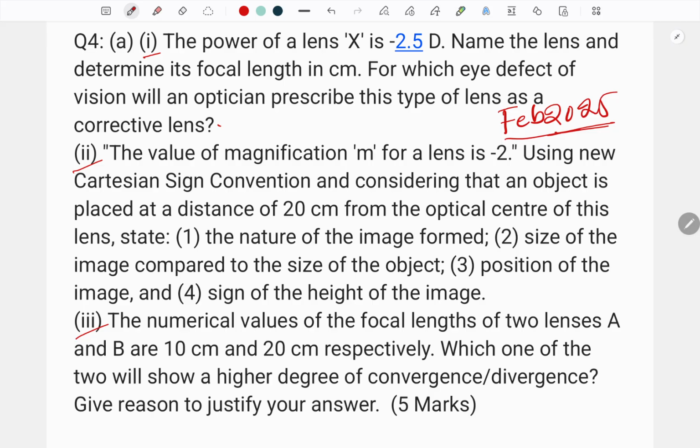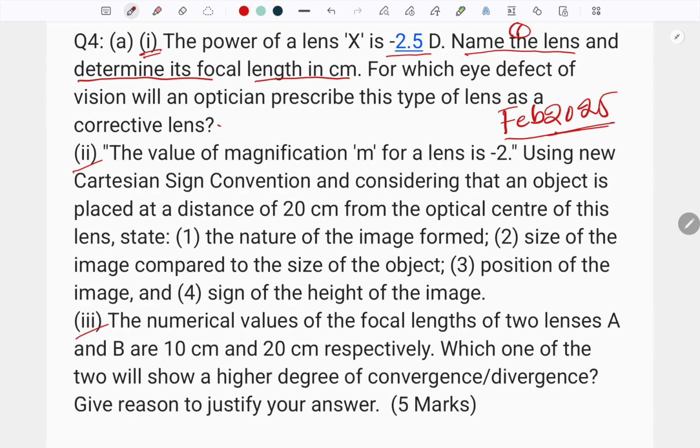See this question. This part A has a 5 marks choice question. In the first point, the power of lens X is minus 2.5. Name the lens and determine the focal length in centimeter. So we have to find out the name of the lens, that is the first one.